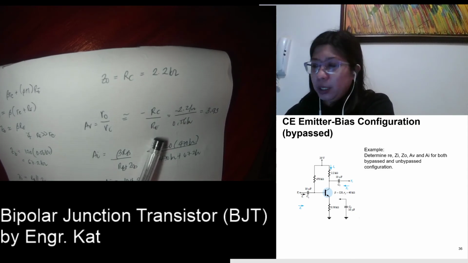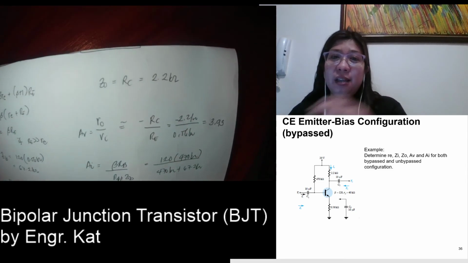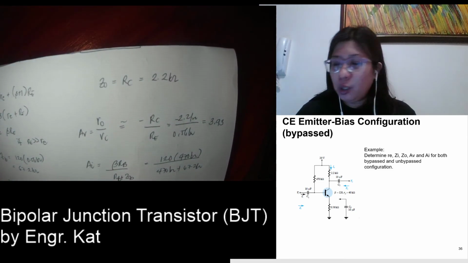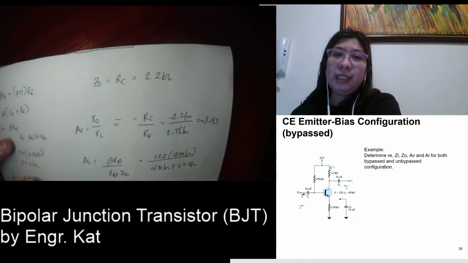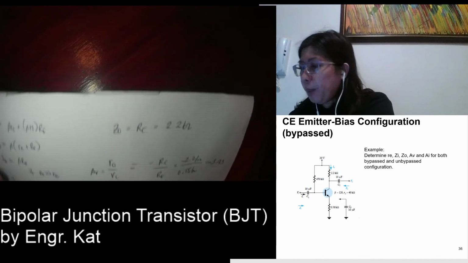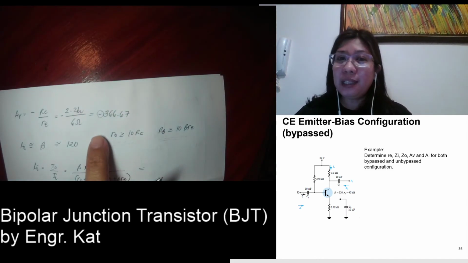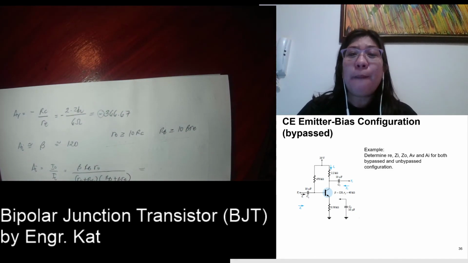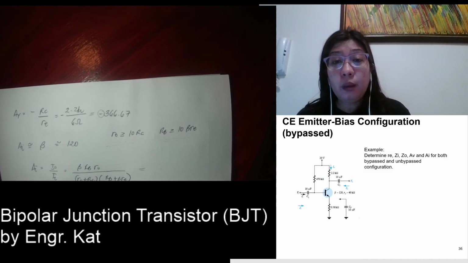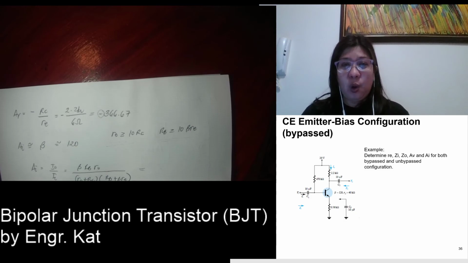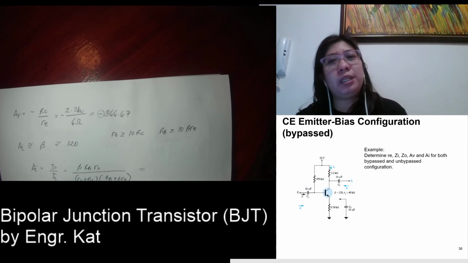When you do not bypass your RE, your gain becomes smaller. So look, this has a negative sign. So this is 3.93 compared to 366.67. That is the effect of not bypassing your emitter resistance. Okay, so it lowers down your voltage gain.